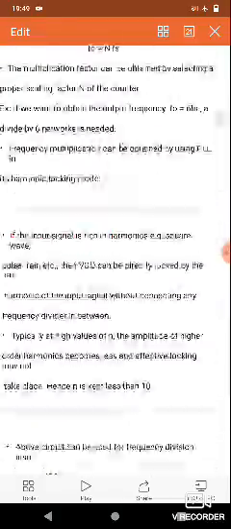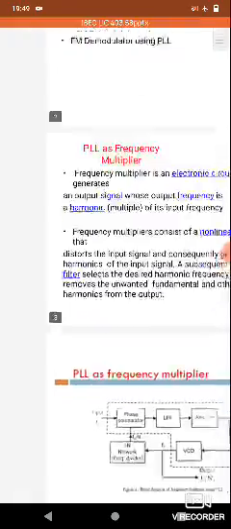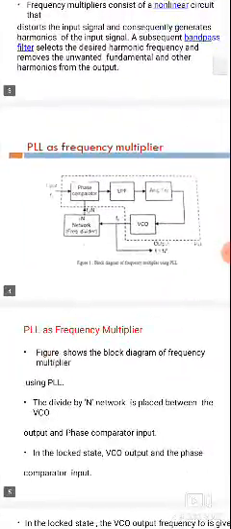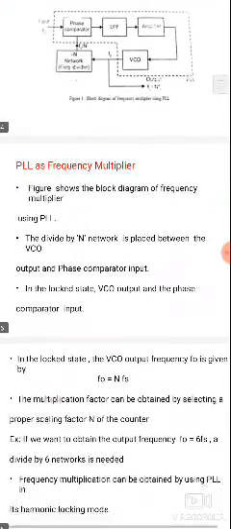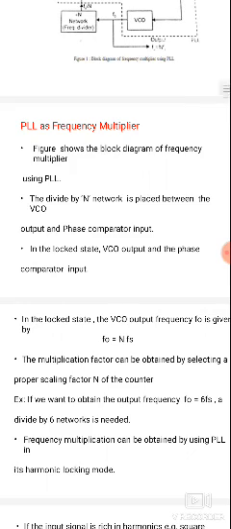So today's topics are multiplier, demodulator, and the frequency multiplier electronic circuit, where the output frequency is a multiple of the input frequency. This is the block diagram. The main part is the divide by n network, the frequency divider.